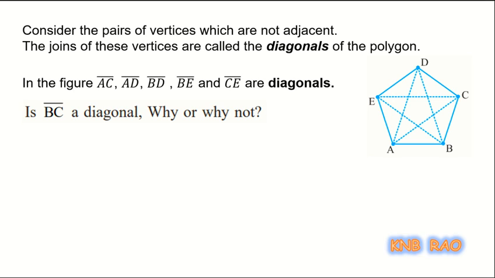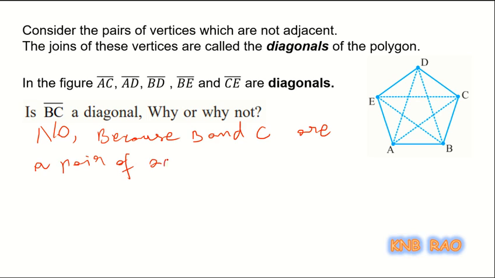Is BC a diagonal? Question. What is your answer? Is BC a diagonal? No. Why no? Because B and C are a pair of adjacent vertices.